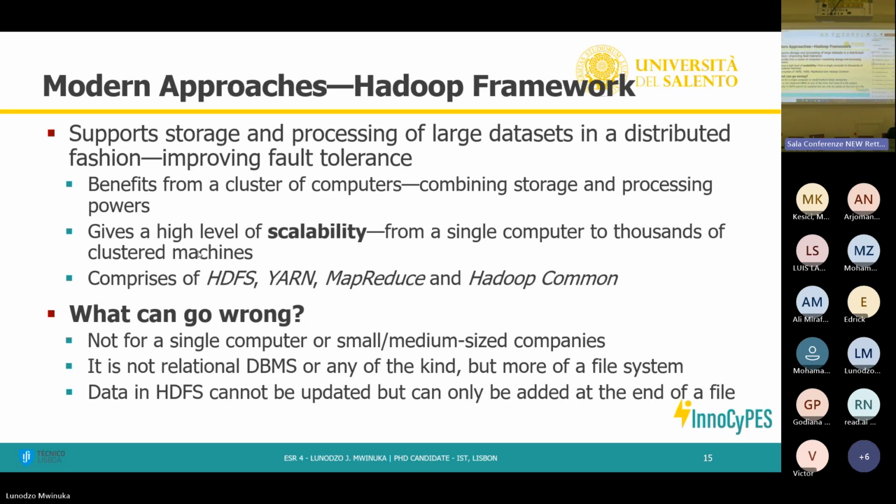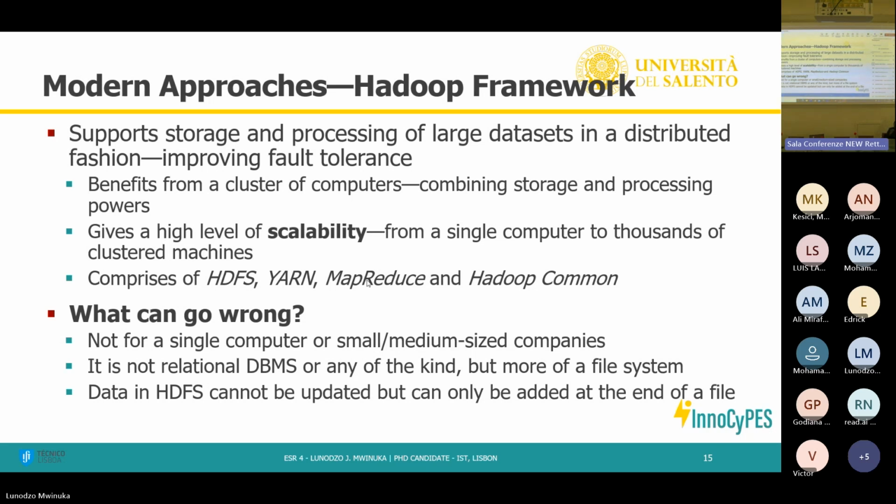And then you have MapReduce. Its main goal is to split, or at least distribute, the huge processing tasks into small tasks that can be processed on distributed computing nodes. And then there is Hadoop Common, which manages utilities and libraries that need to be used by the whole system, or at least the connected machines.